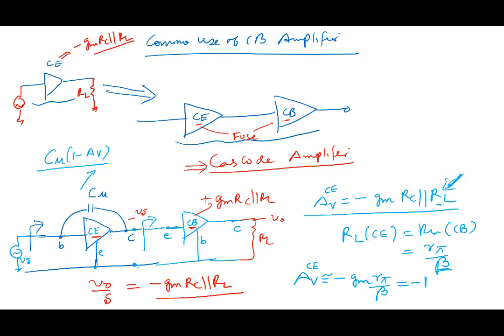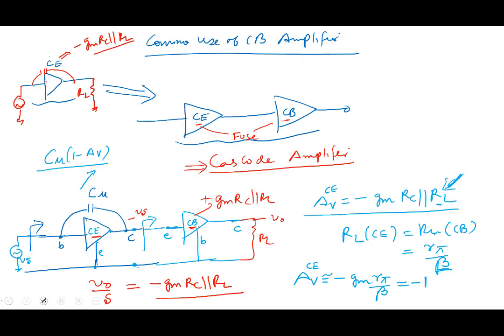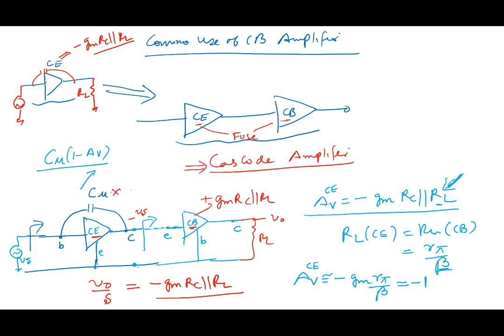What did I gain? Compared to the common emitter, I didn't get the Miller effect. Here, the Miller capacitance would have gotten multiplied by 100, the entire gain. Here it is getting multiplied by just a factor of 2, that's it. And there it would be getting multiplied by a factor of 100. So in a way, I've gotten rid of Miller's effect.